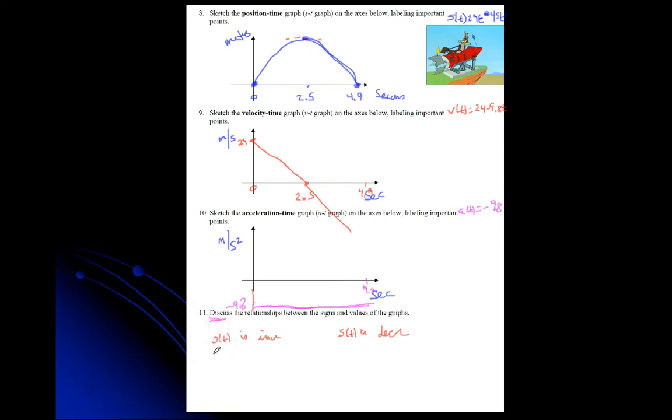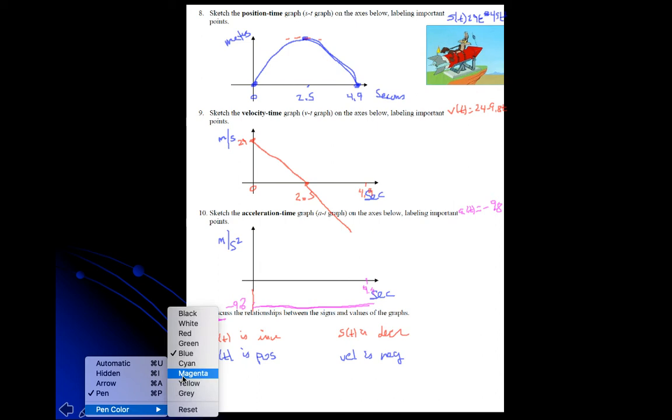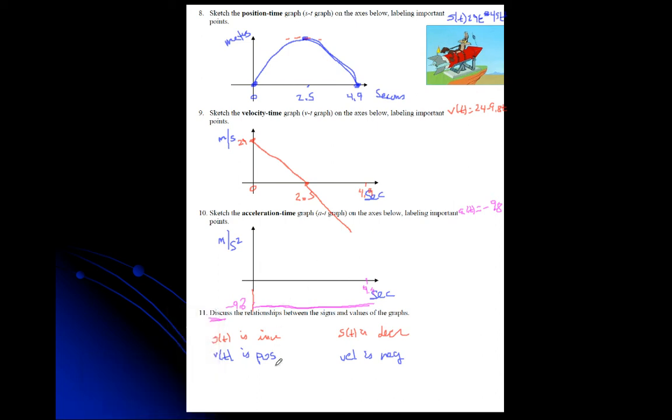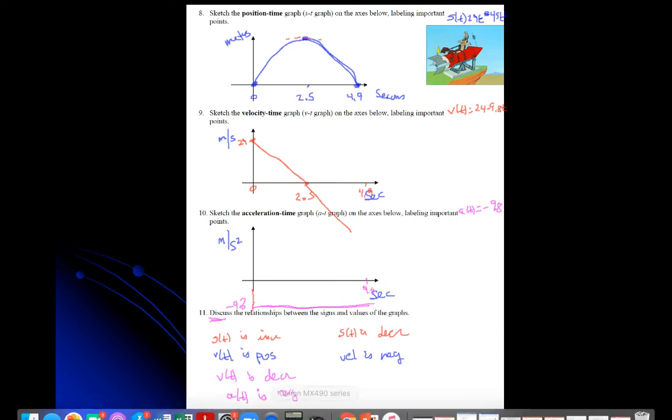When S of t is increasing, velocity is positive. When it's decreasing, velocity is negative. When velocity is decreasing, acceleration is negative.